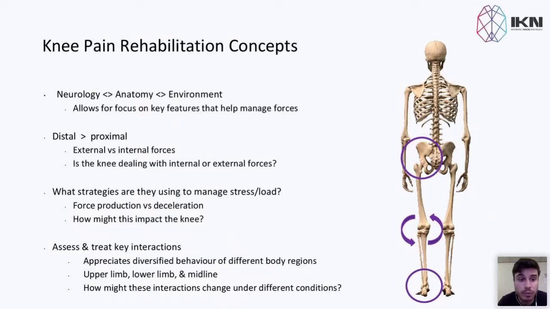And so as we move from distal to proximal, at IKN we use a very distal to proximal driven framework, because when you consider what parts of our anatomy are in direct contact with the external environment, when you look at this skeletal arrangement, what portions of this skeleton are actually interacting with the environment?